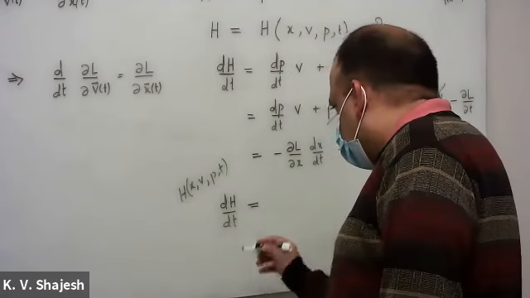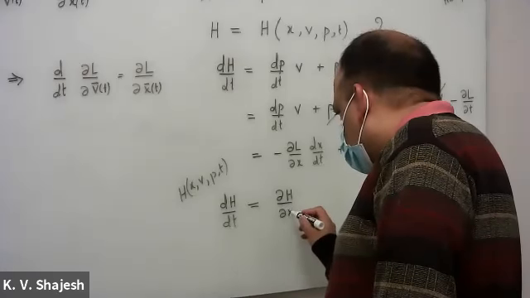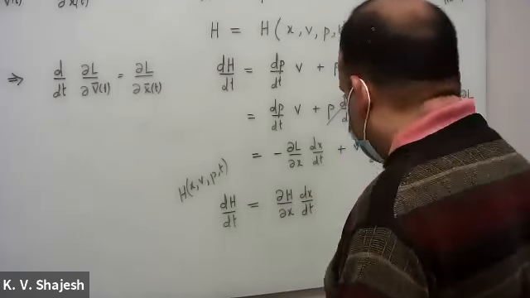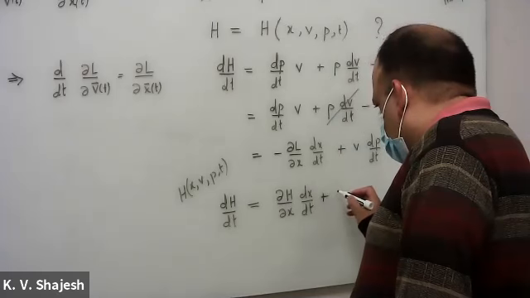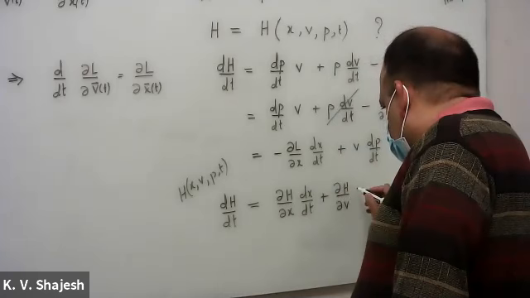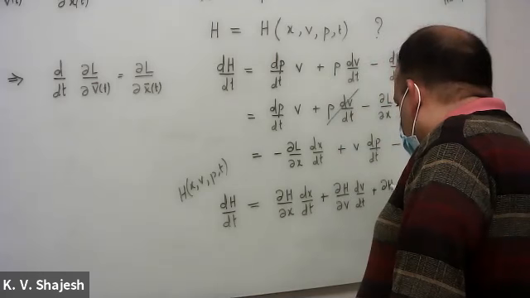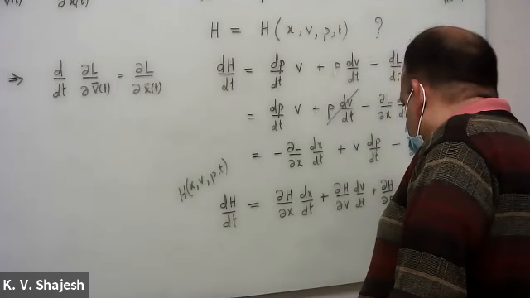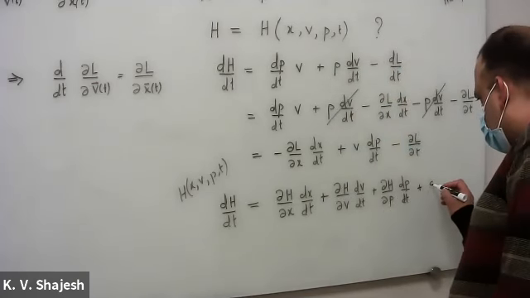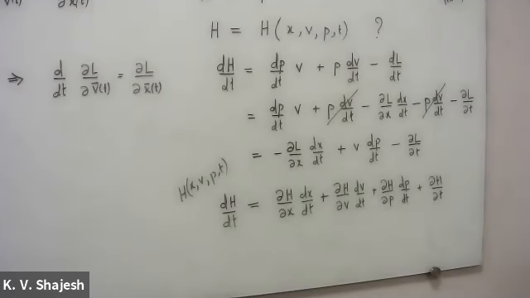So if it is like that, I would say this is a partial derivative of H with respect to x times dx by dt, plus partial derivative of H with respect to v times dv by dt, plus partial derivative of H with respect to p times dp by dt, plus partial H by partial t. That's what in general should happen.